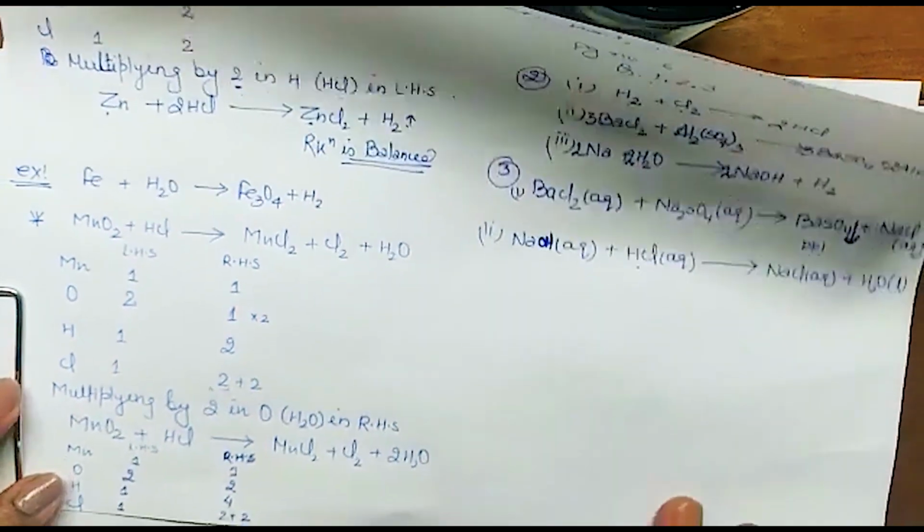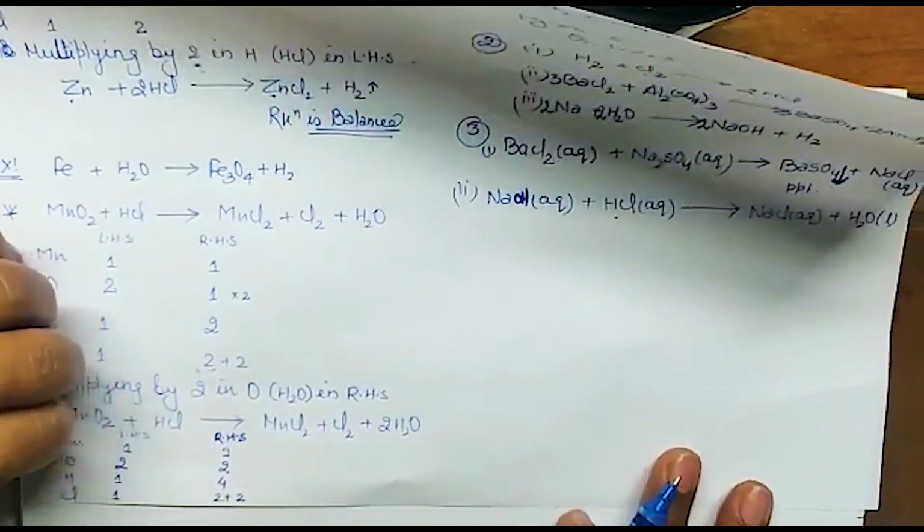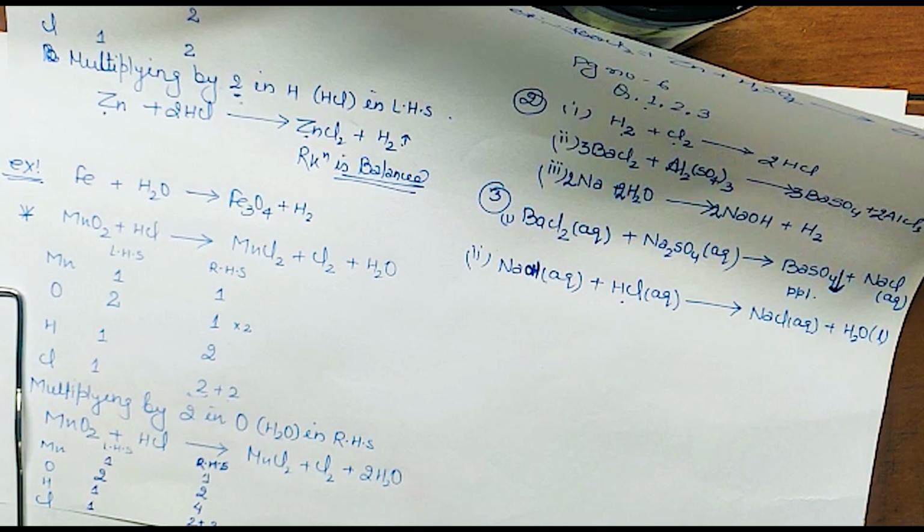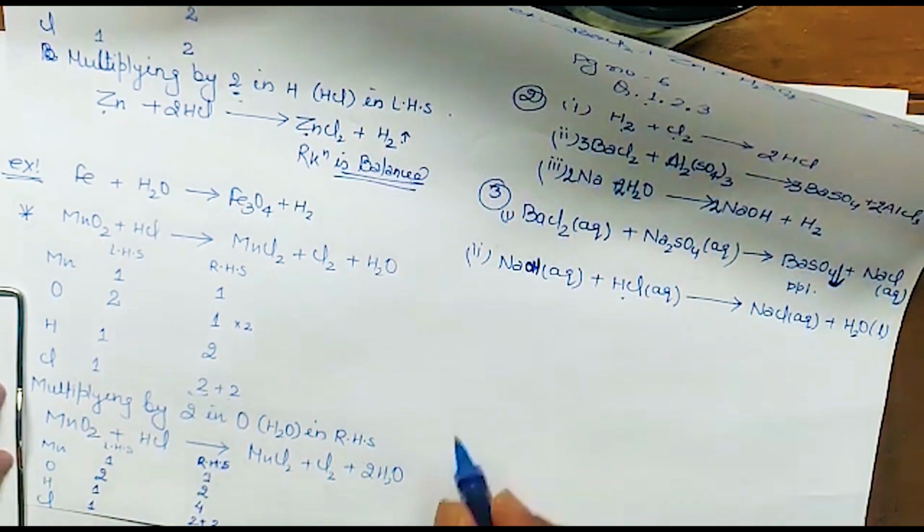So what you have to do? Just balance the hydrogen, okay? Multiply by 4 in hydrogen, so you will get 4 hydrogen on this side, the left side. So write down, just multiply by 4 in HCl on the left hand side. Okay, I'm writing it here.